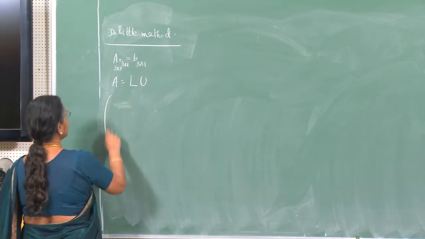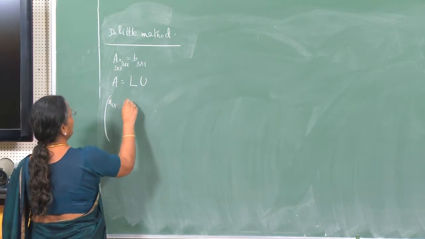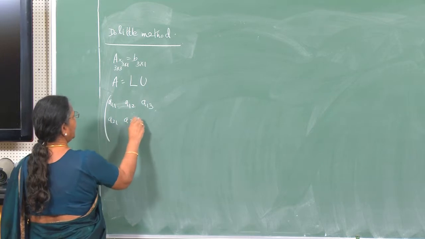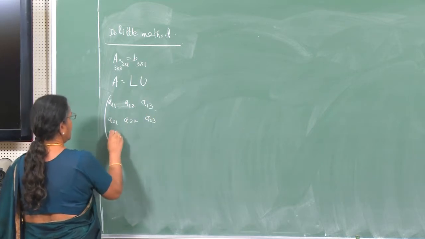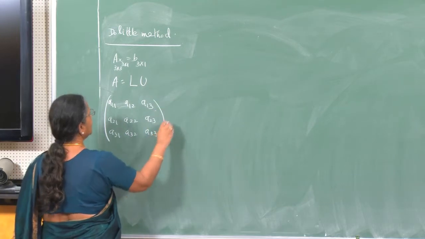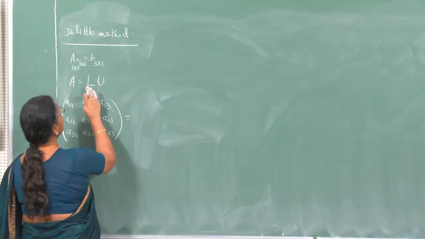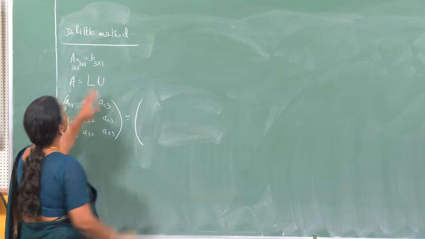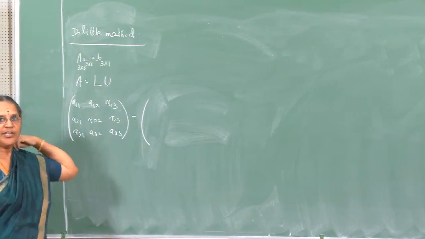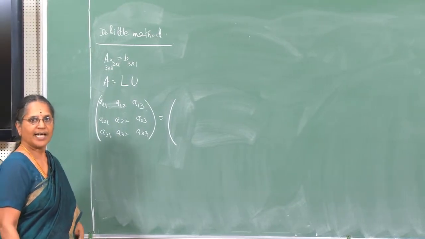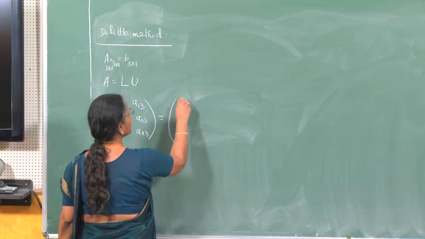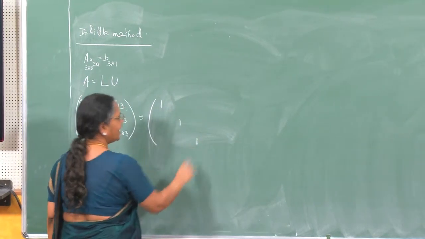So, A has entries A11, A12, A13, A21, A22, A23, A31, A32, A33. This is equal to L into U. We would like to apply the Doolittle method, in which L is a unit lower triangular matrix, so it has entries 1 on the diagonal.